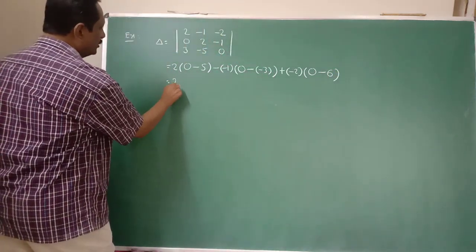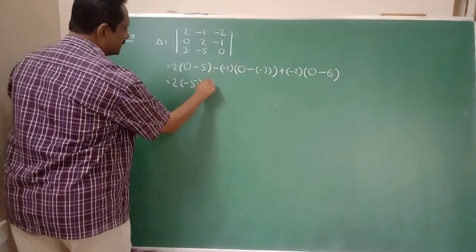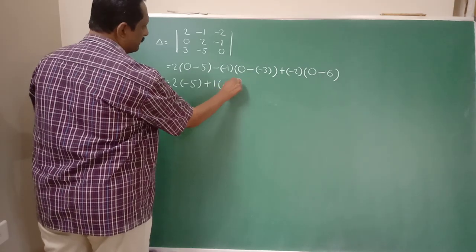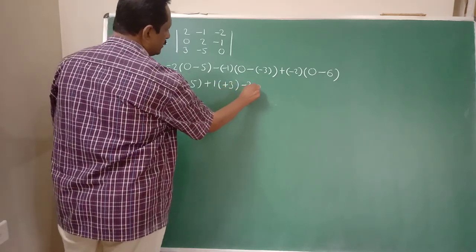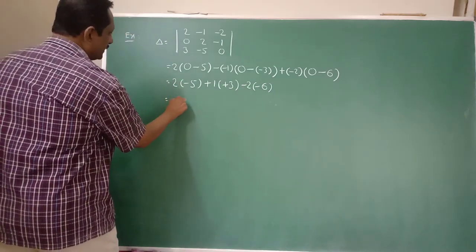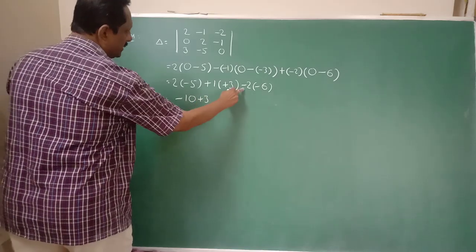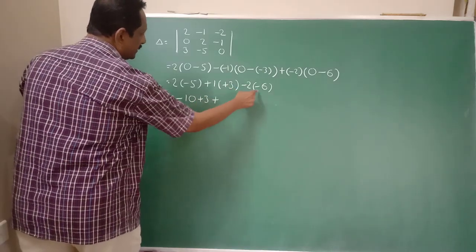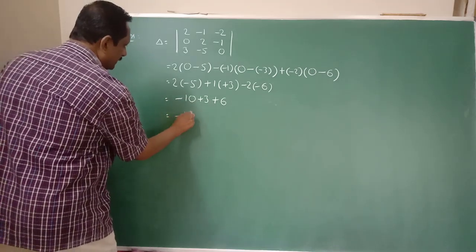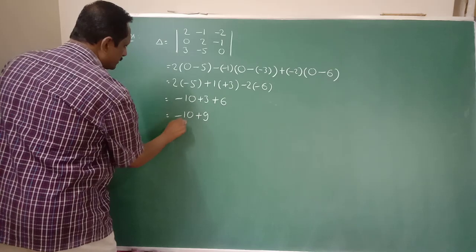Therefore this is equal to 2 into 5, then minus into minus becomes plus 1 into minus 3, then minus 2 into minus 6. 5 2s are 10, so minus 10.